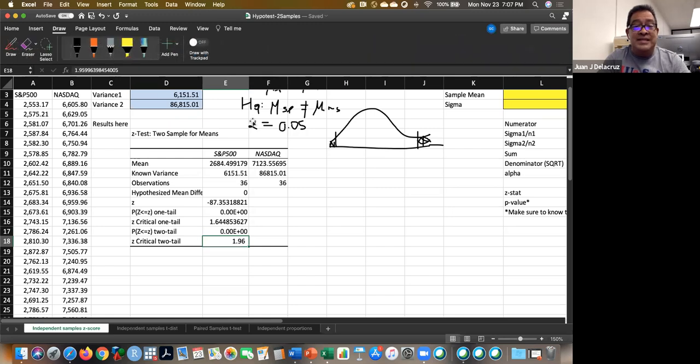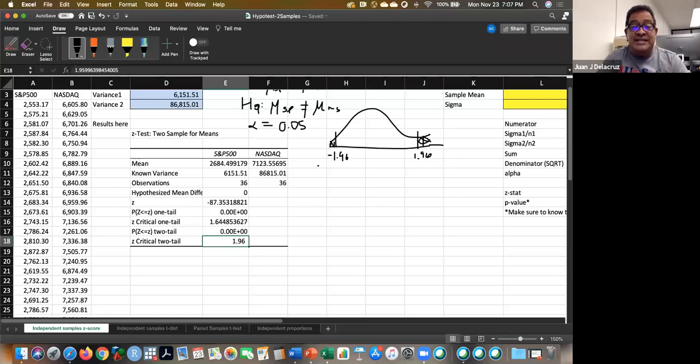So what this number is telling me is that my critical value for the two-tail test is gonna be here minus 1.96, and here plus 1.96, right? It's also telling me that the Z value that I found is minus 87.